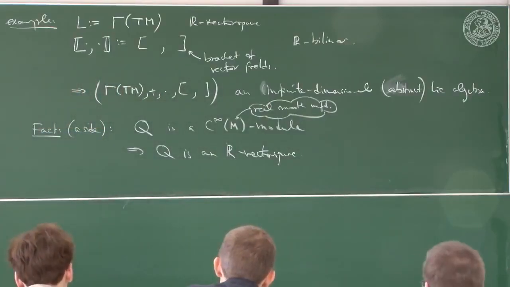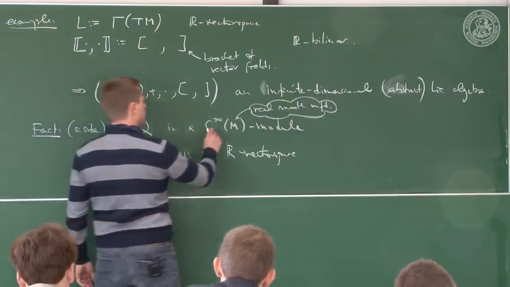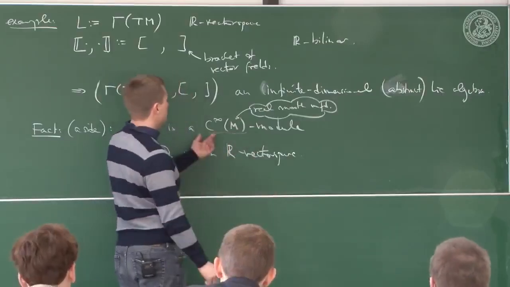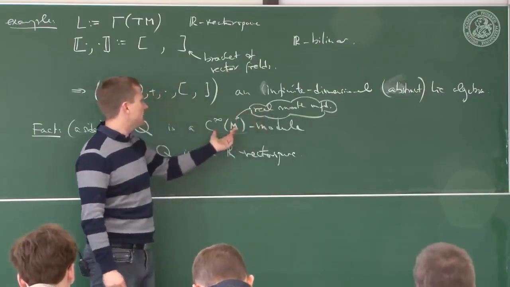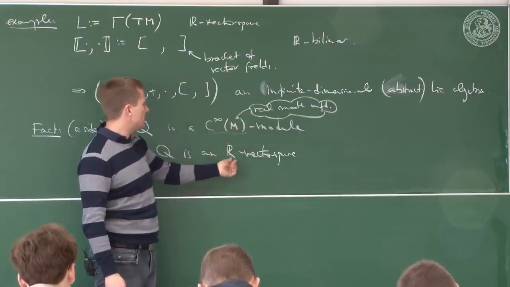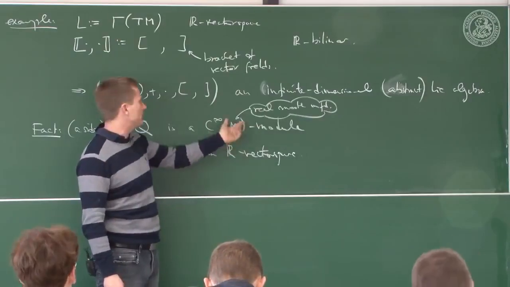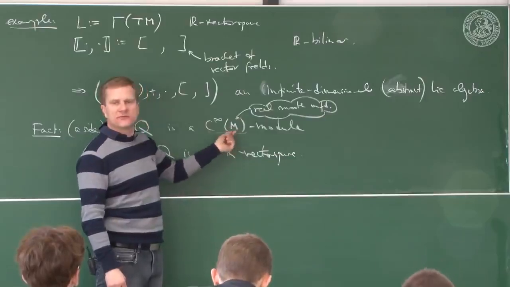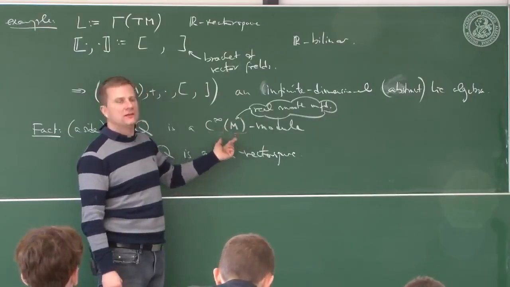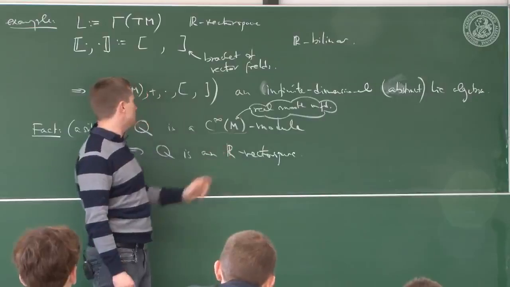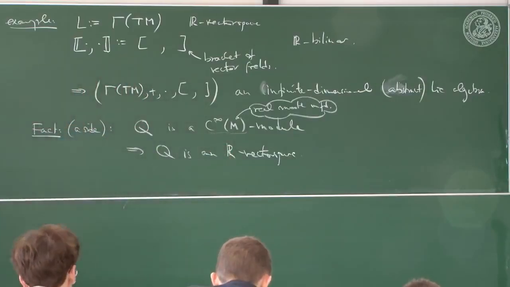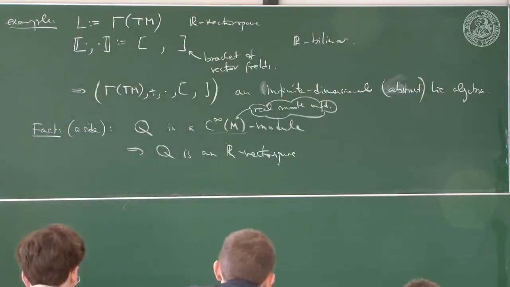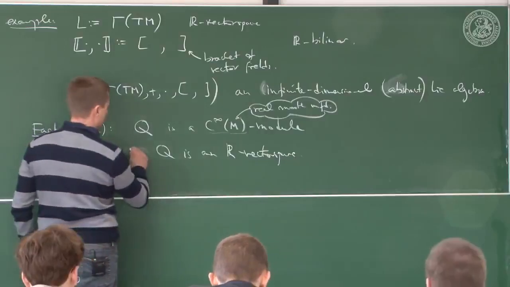I think it's pretty obvious, because this guy here is just a ring. If you restrict the ring of all smooth functions to all the constant functions, then it becomes a field. So certainly Q being a C infinity M module implies Q is an R vector space.